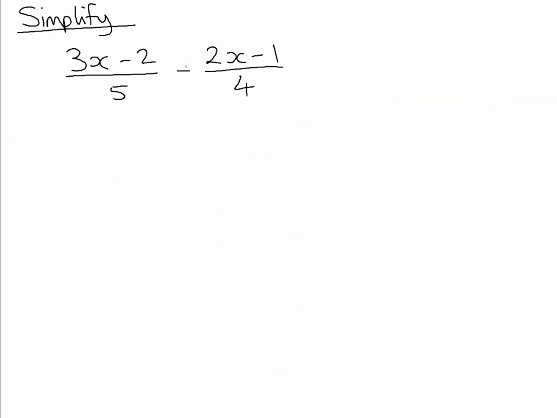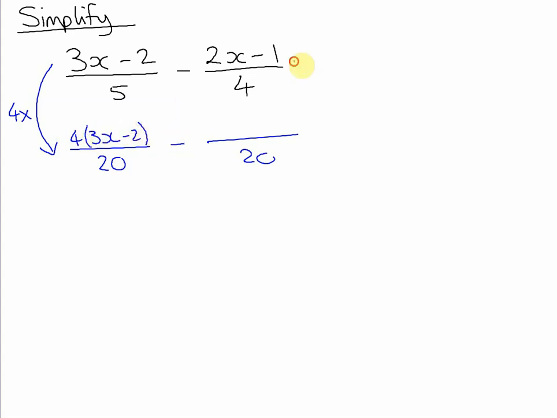So let's take it super easy, super slow. Lowest common multiple, 20. To make an equivalent fraction, this one we need to multiply it by 4. So we're going to have 4 lots of 3x minus 2. Pop your subtraction sign. To make the 20, we need to times this one by 5. So we have 5 lots of 2x minus 1.